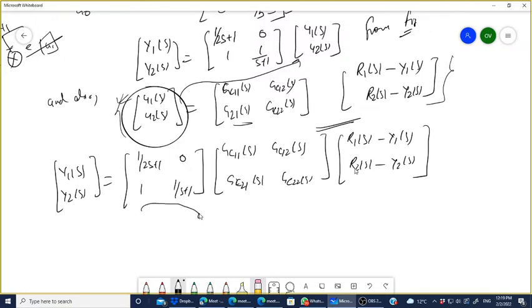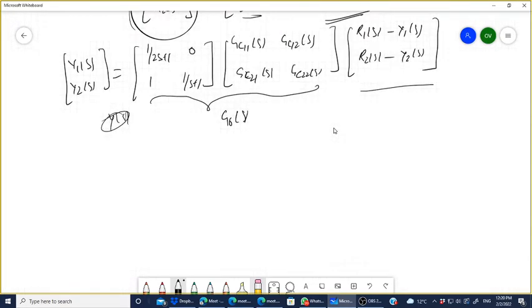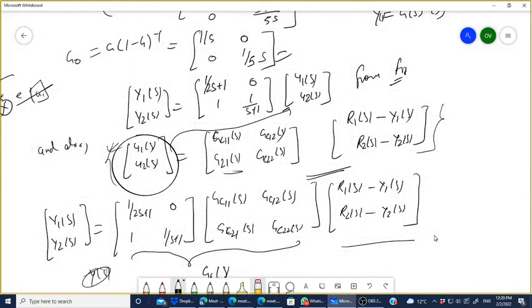Now if this is multiplied, what is this? y(s) is equal to G naught(s) into u(s), the input, it is just the input. Is this understood, yes or no? y(s) is nothing but G naught(s) into u(s). So it means G naught(s) is equal to what you have already calculated. Please see, this is G naught(s).